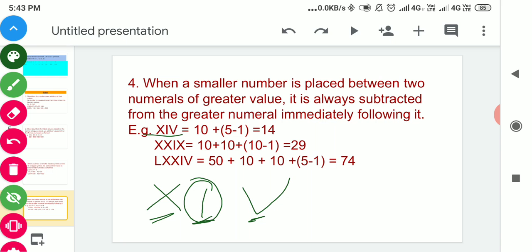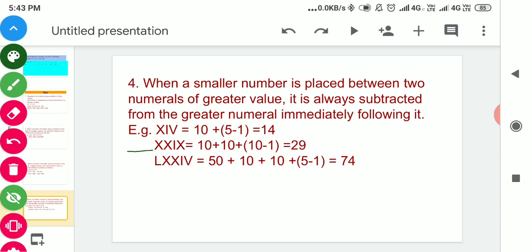Which number is following I? That is V. So we will subtract this 1 from this V. The value of V is 5. So we will subtract this 1 from 5 and the answer will be 14.